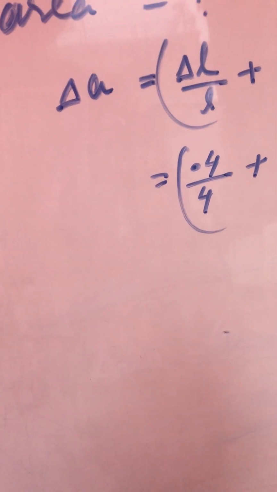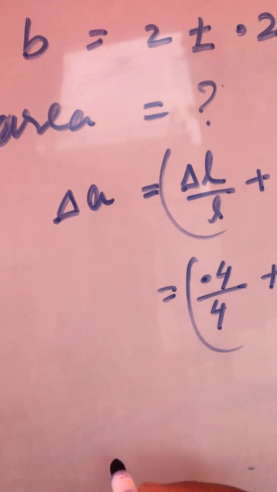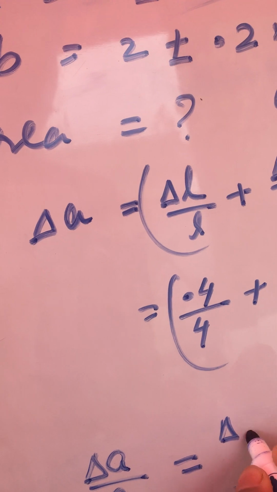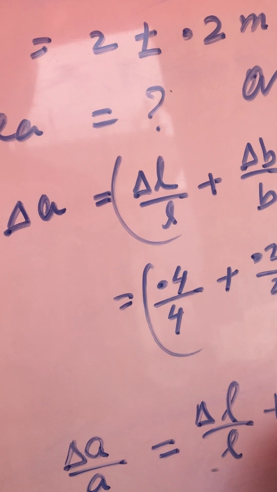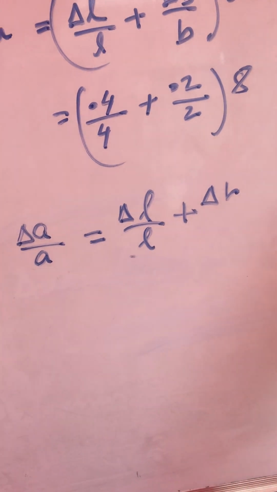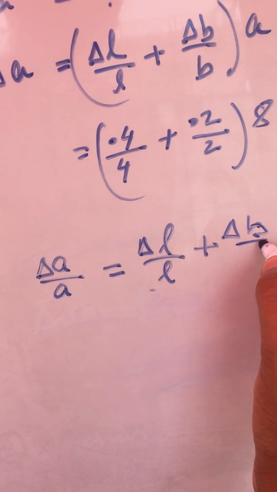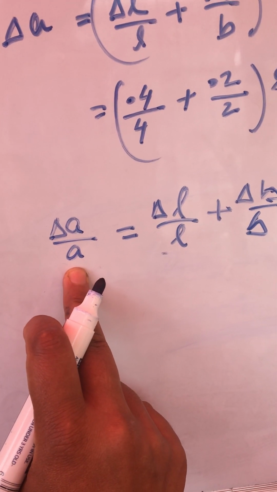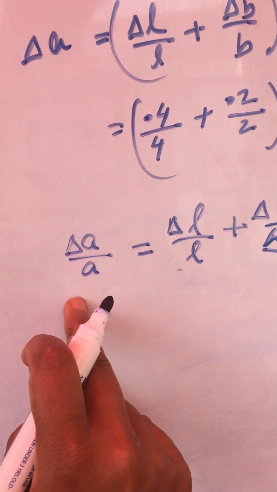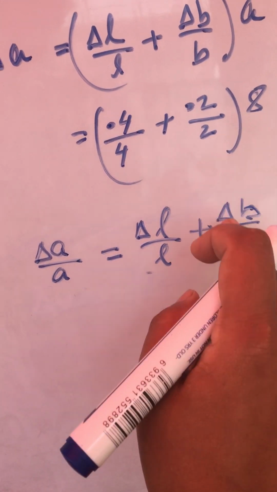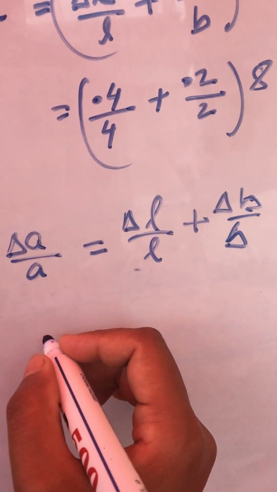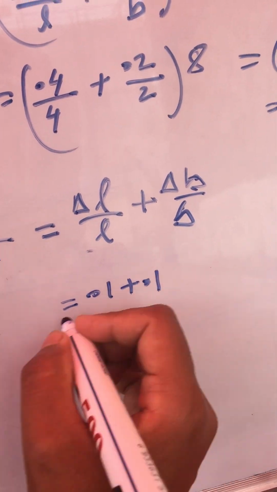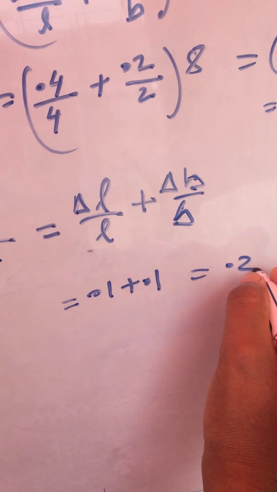Relative error: delta A by A is equal to delta L by L plus delta B by B. This is the relative error, compared with the true value, the error by its measured value, in this case. Then delta L by L is 0.1 plus 0.1, so this is 0.2, right?